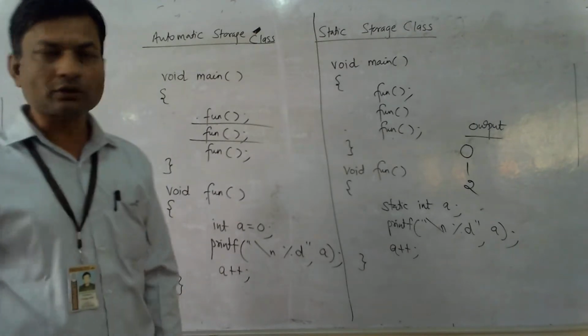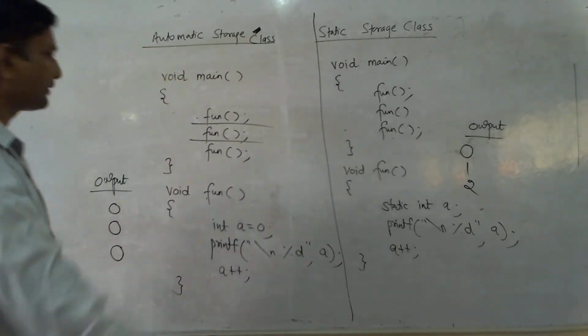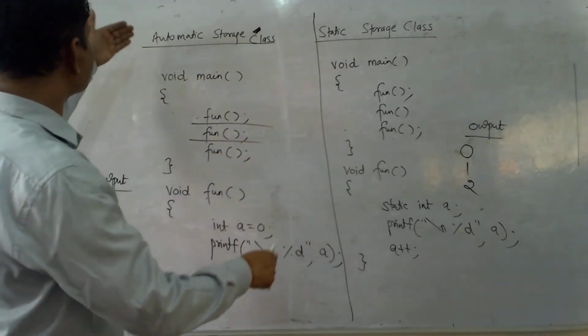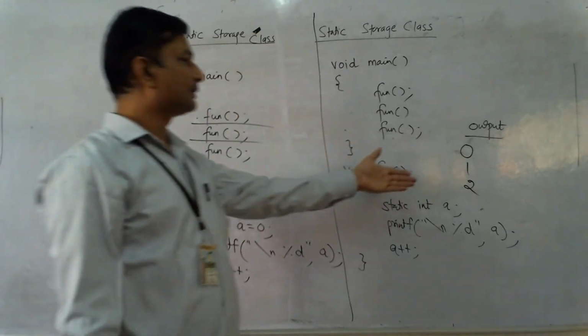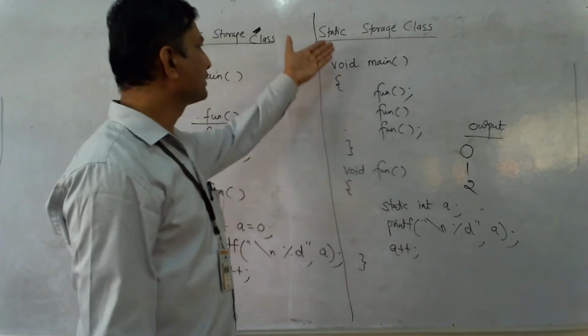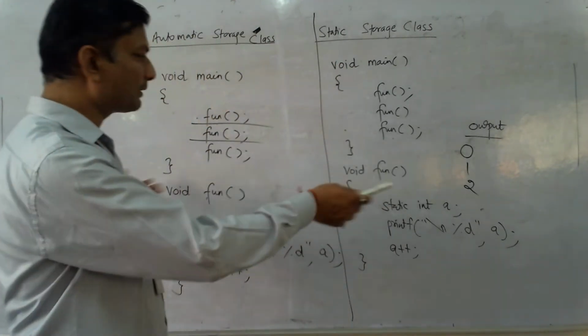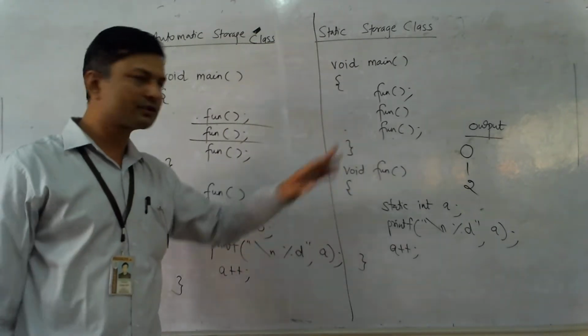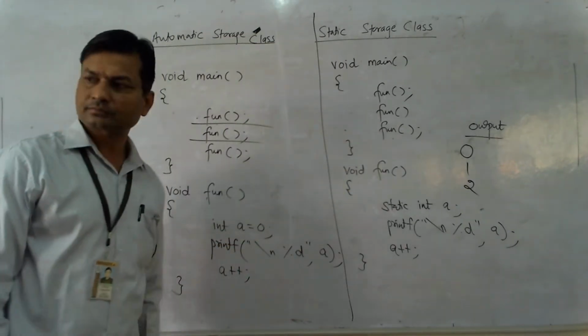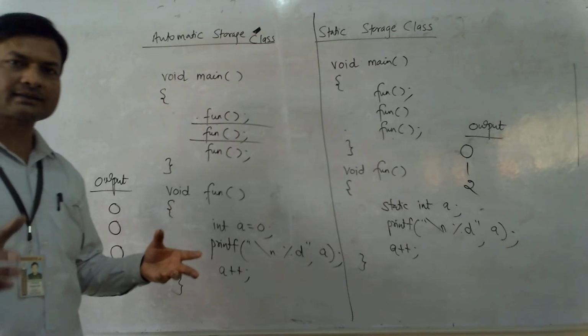From memory. So you can see the difference between the output of variable belonging to automatic storage class and the output of variable belonging to static storage class. Both programs are same. The only difference is their storage classes. I hope it clears many of your doubts.